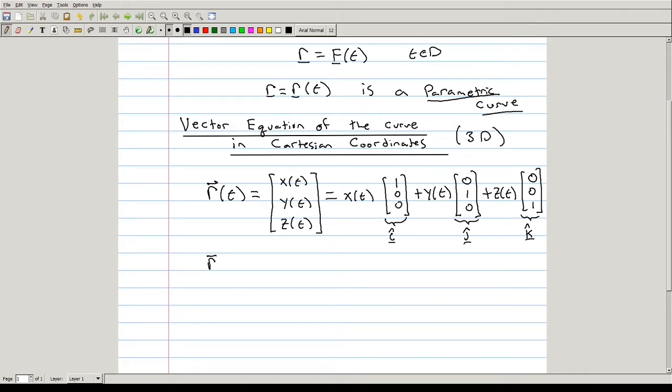So another equivalent notation for r of t, for any vector parametric curve or vector valued function that's valued in three-dimensional space, would be x of t times i hat plus y of t times j hat plus z of t times k hat. And you'll notice here, to denote a vector, I use the above arrow symbol.